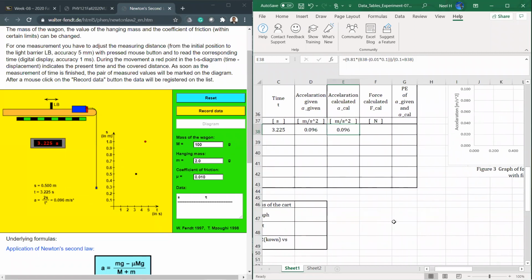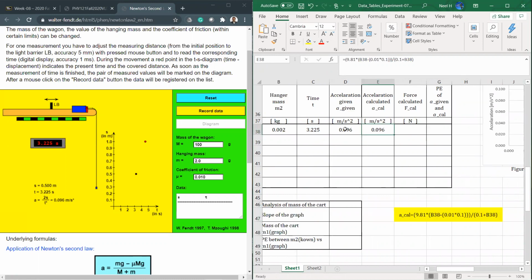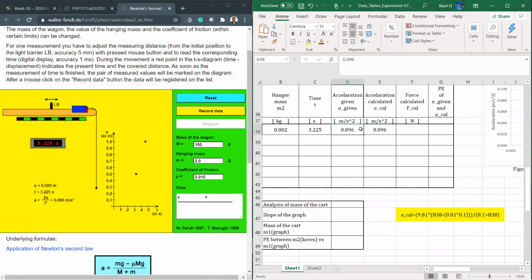Let me copy paste that function here. This is a cal. Also like the earlier case, you see the percentage error is 0.